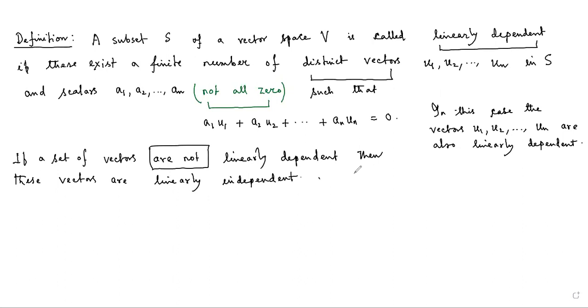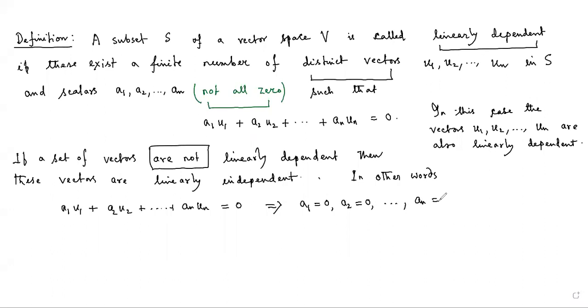In other words, a1 u1 plus a2 u2 plus ... plus an un is equal to 0 will always imply a1 is equal to 0, a2 is equal to 0, ..., an is equal to 0.